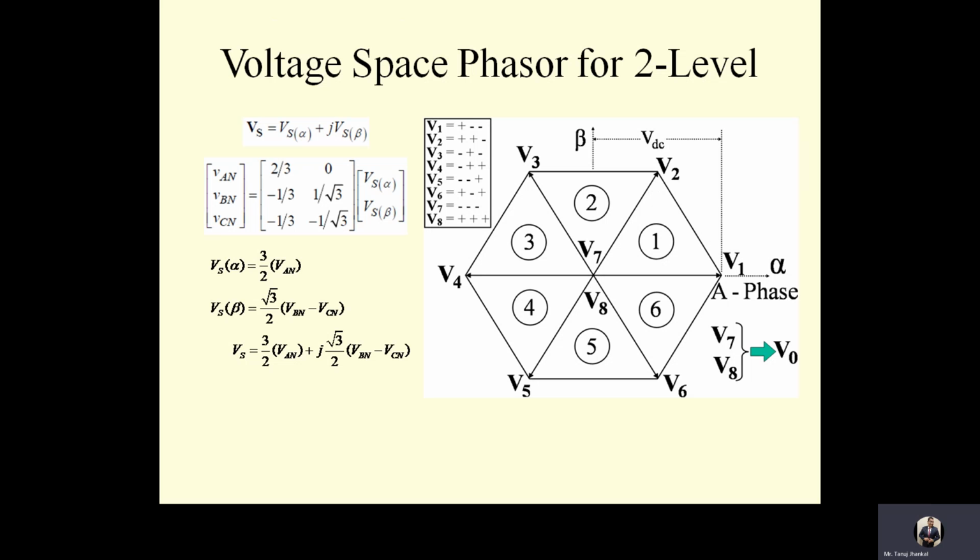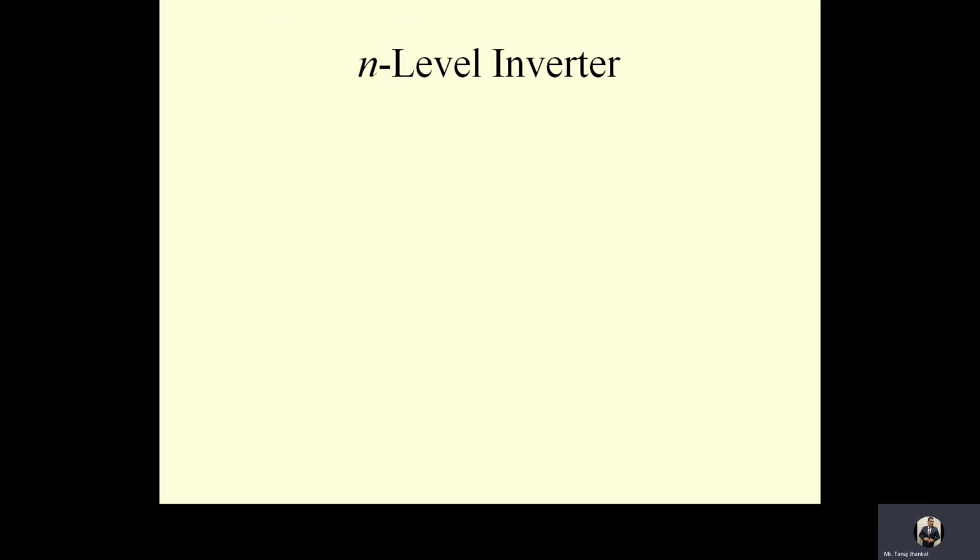Now, if we talk about a general N-level inverter, the number of switching states, let it be T, can be determined by T equals N to the power 3.